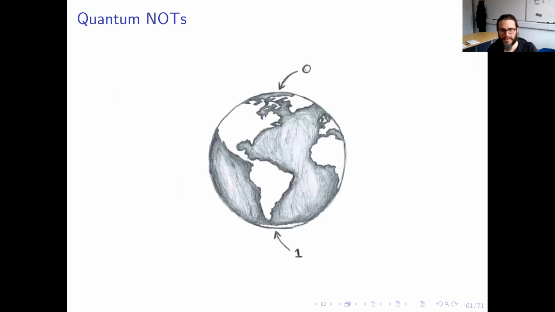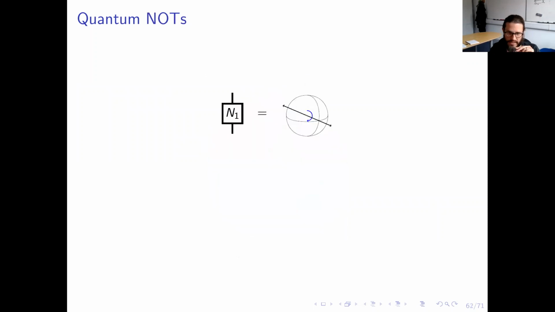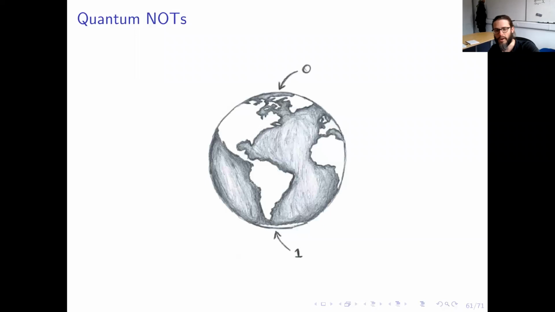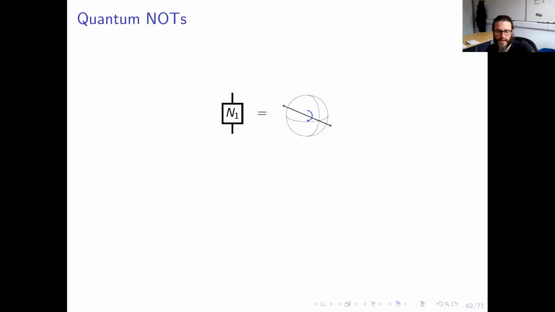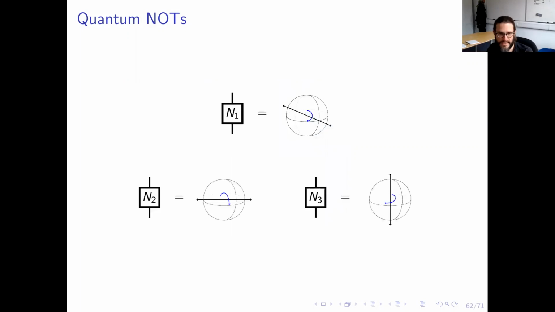And what these correspond to are actually just flipping the sphere. So here's one kind of knot gate where I just flip the sphere upside down. There's three different ways that I can do that. I can flip it on the x-axis, the y-axis, or the z-axis.